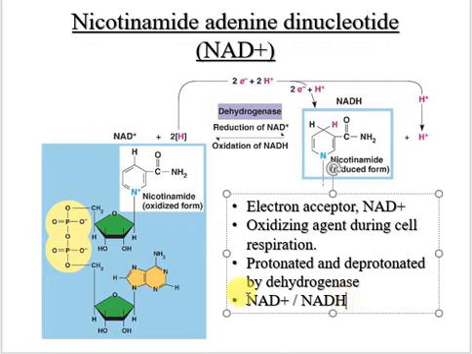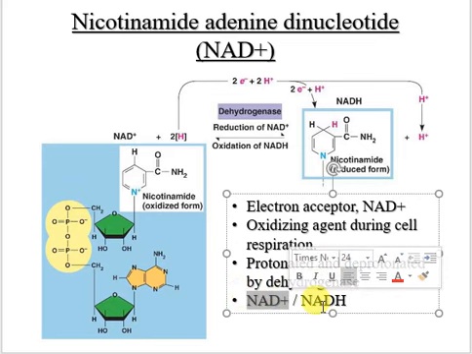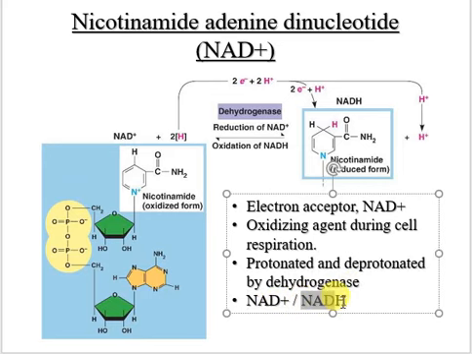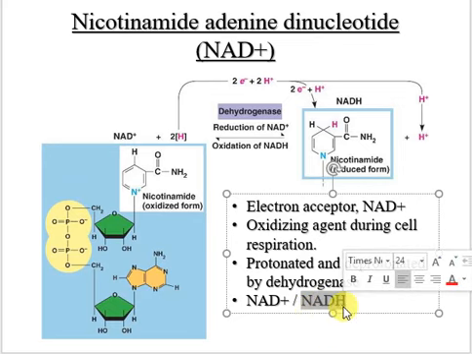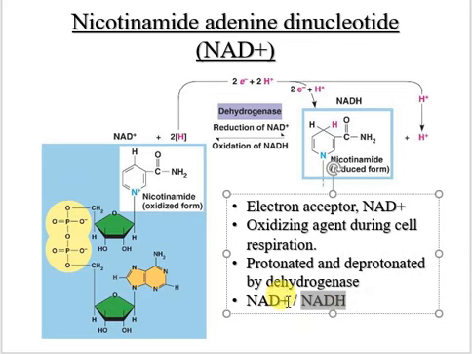So the reduced form of NAD+ is NADH. If NAD+ is reduced, that means it gains a proton or gains electrons, and in doing so, it's converted into NADH. Now, NADH, likewise, can be converted into NAD+.